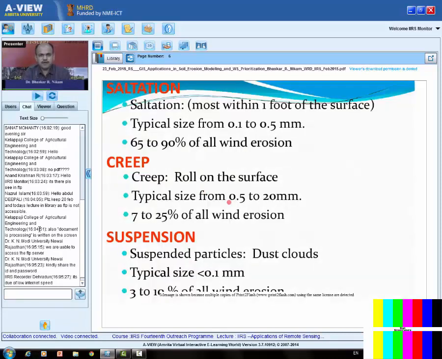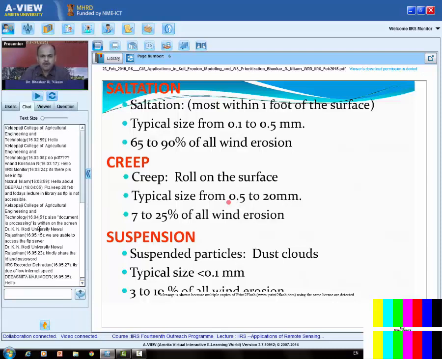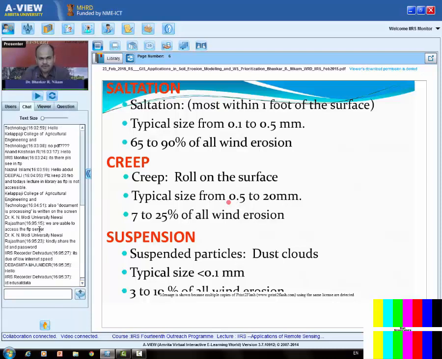So if we see what kind of particle will be subjected to what kind of erosion, for saltation to happen, the typical particle size would be 1 mm to 0.5 mm diameter, and 60 to 90% of wind erosion will occur through saltation.